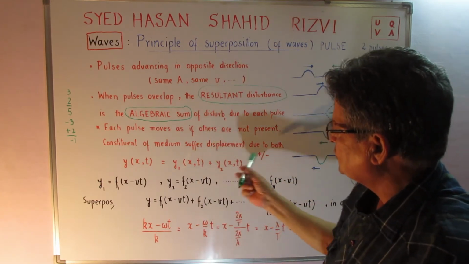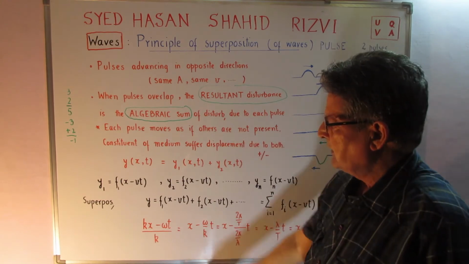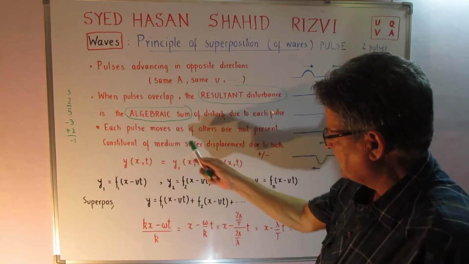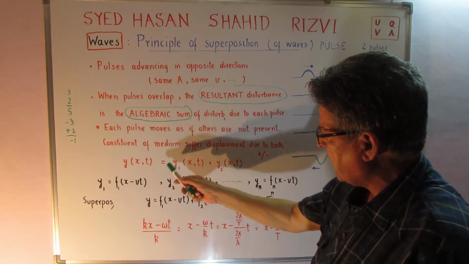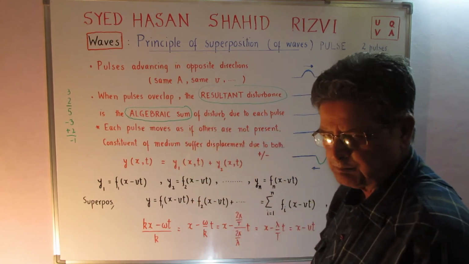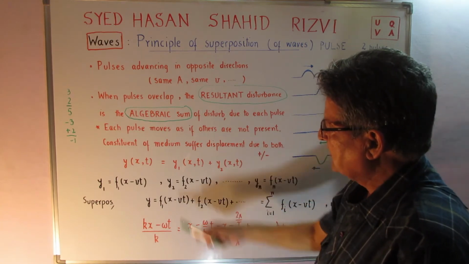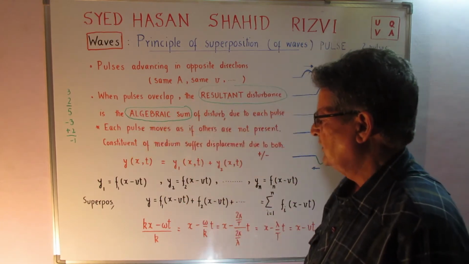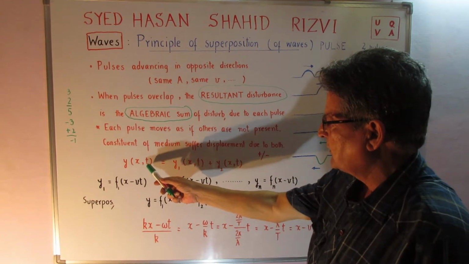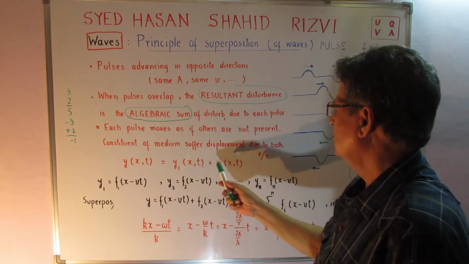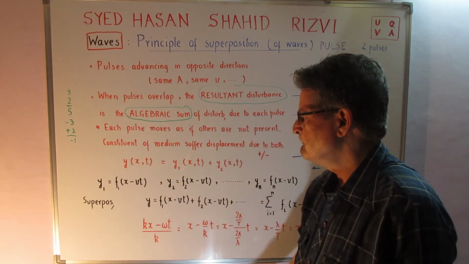In the case of these two pulses, I can write, if the first pulse is represented as y1(x, t) and the other y2(x, t), then the resultant disturbance will be y(x, t) is equal to y1(x, t) plus y2(x, t).